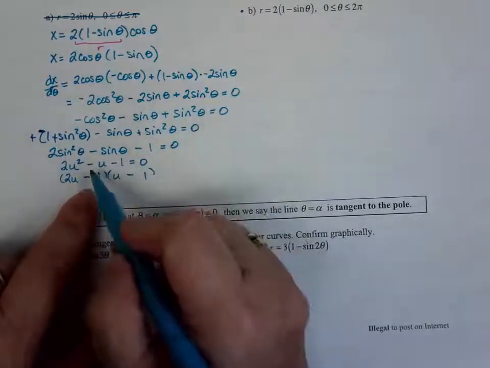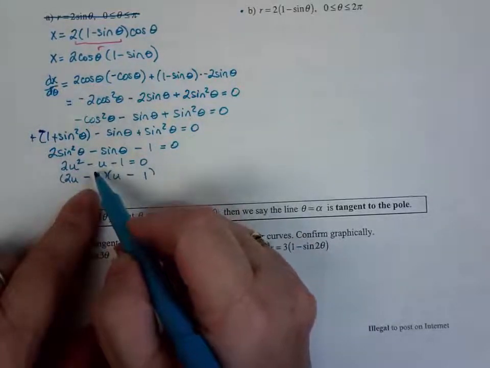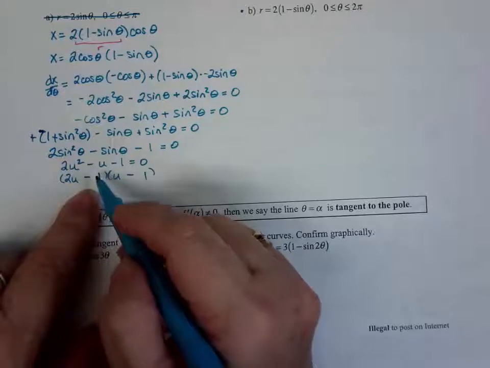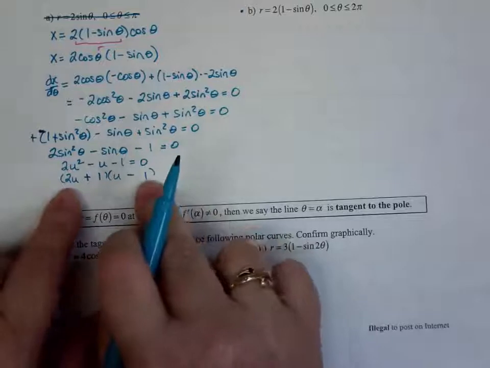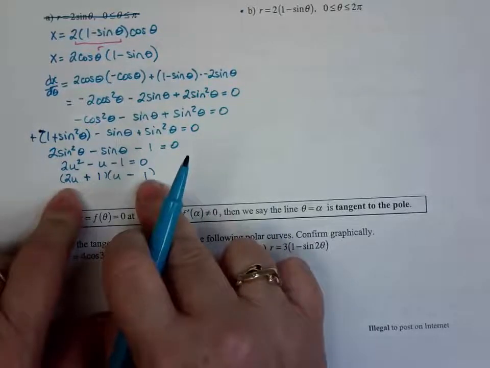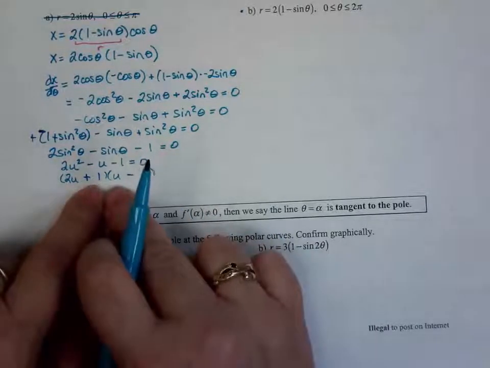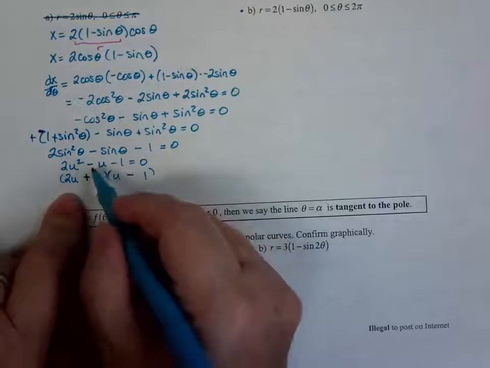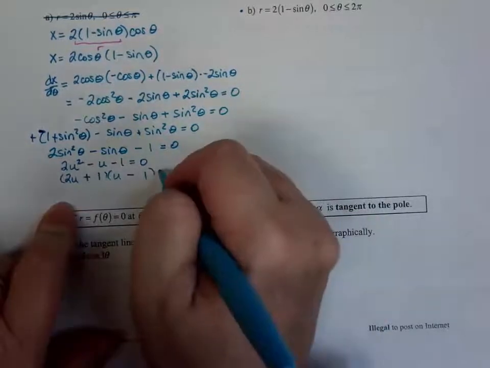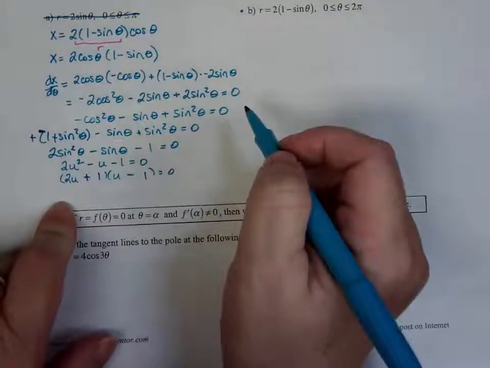Is that what I want? +2 minus 1? No, that's backwards. So this one needs to be the positive, because now the outside is -2 and the inside is +1. What's -2 plus 1? -1. And that's what I want, -1u. Okay? Oh my gosh, algebra 2.